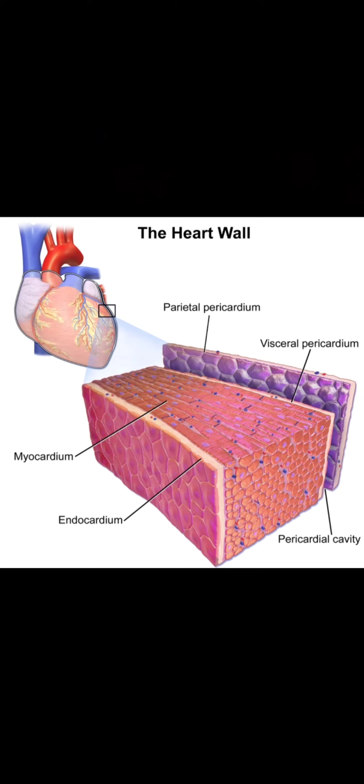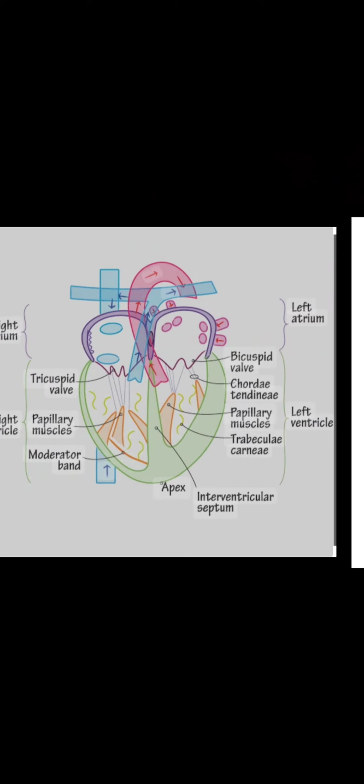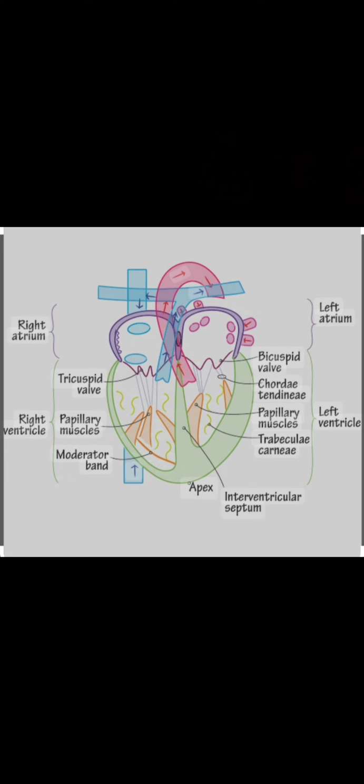The myocardium is made of muscle, and because of this myocardium, our heart can contract properly. In the endocardium, which is the inner layer, all the valves are located.